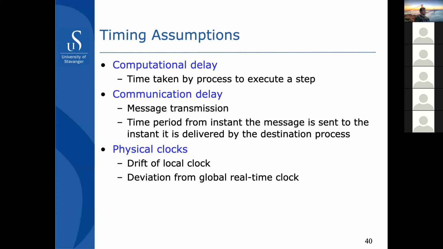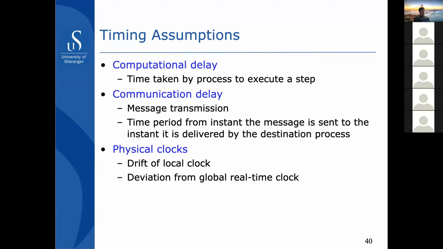We also have timing assumptions about physical clocks, meaning how much deviation your local clock has from the global real-time clock.